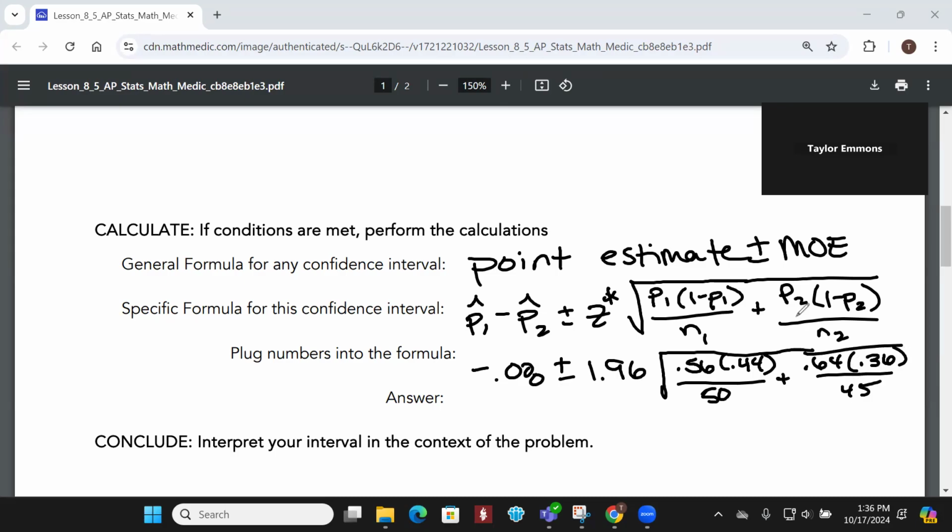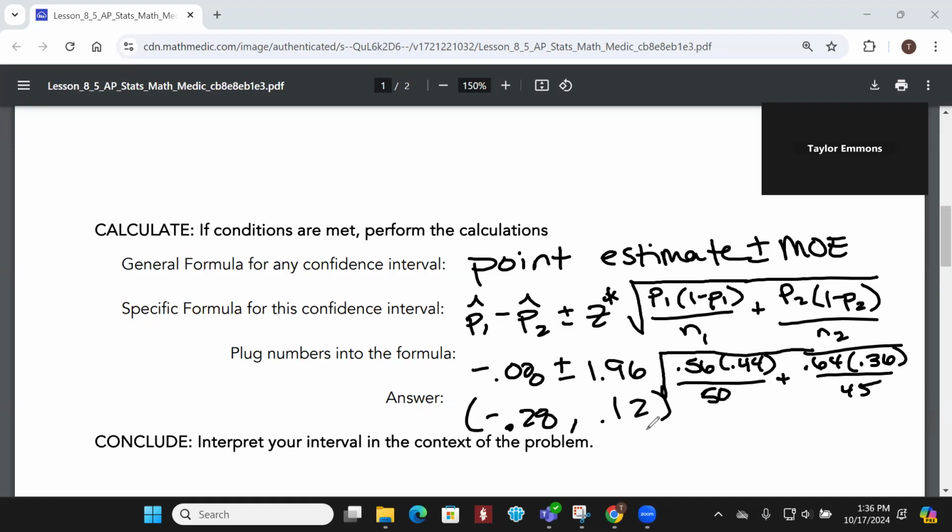We plug all of that into our calculator, and when we do that, we get negative 0.28 and 0.12. You're going to have a negative and you're going to have a positive on that one.